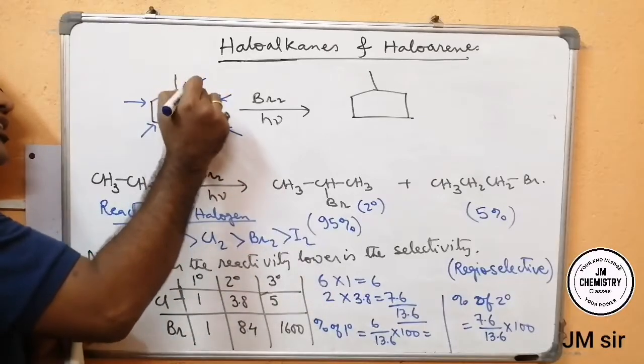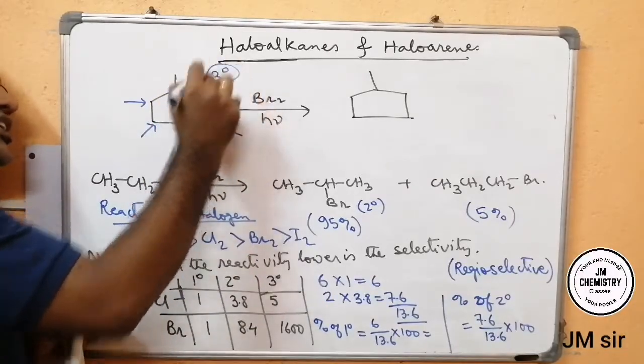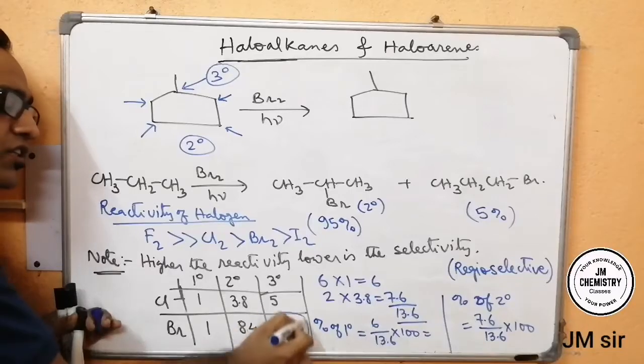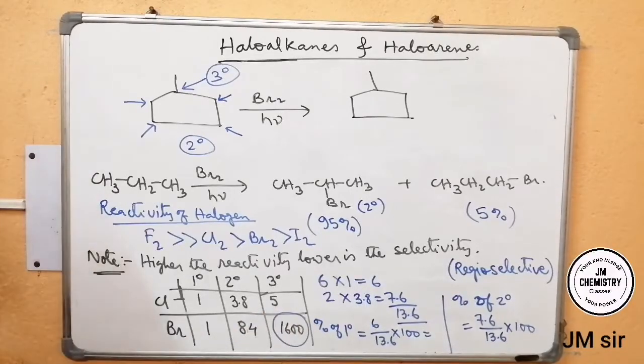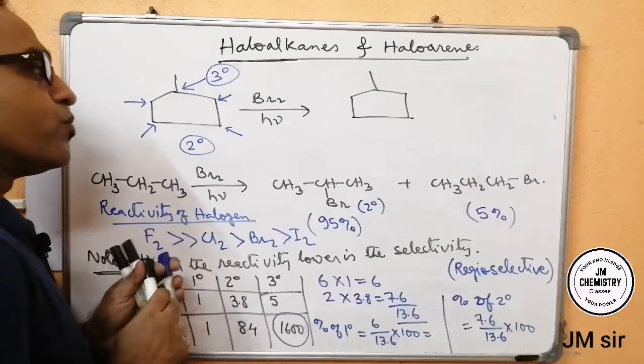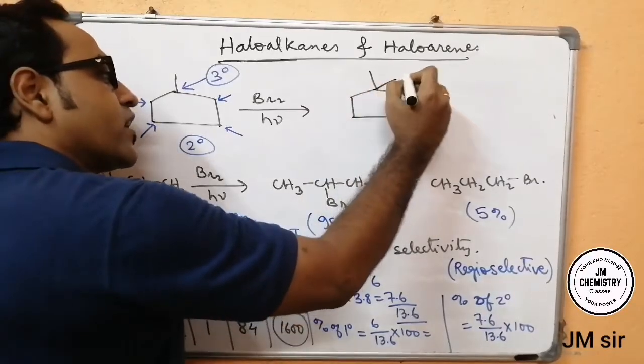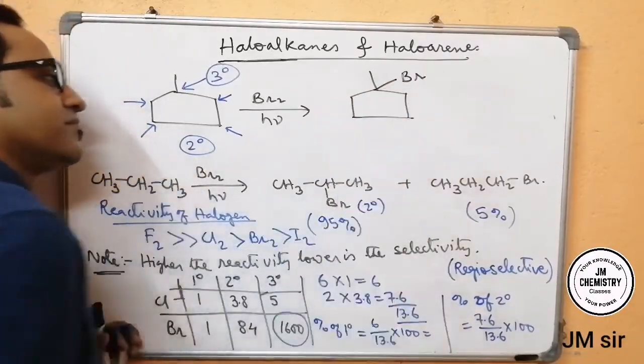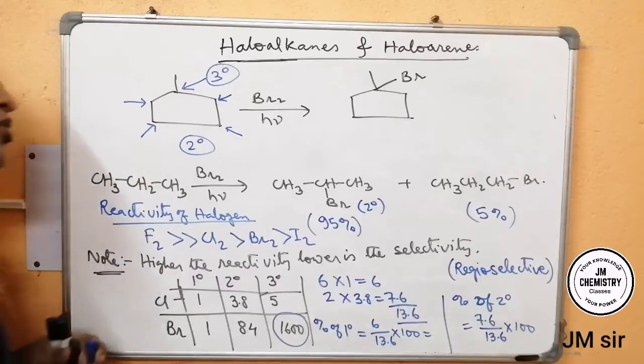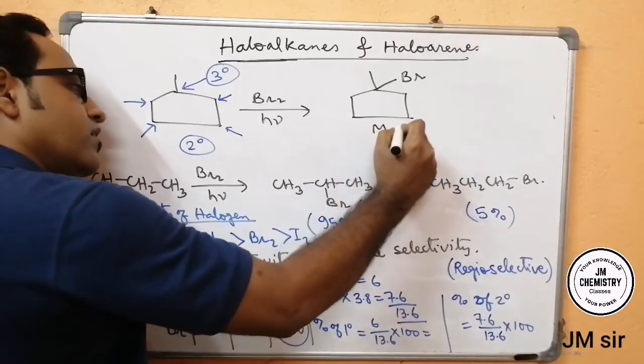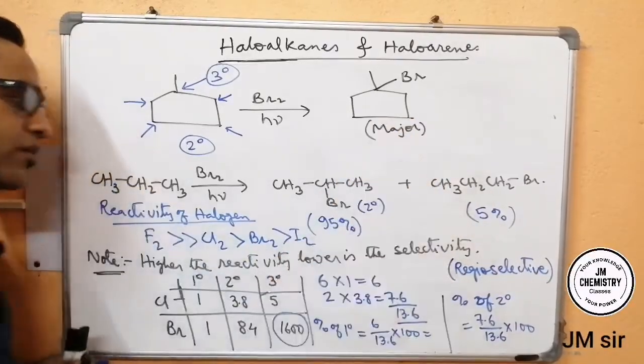If the bromine comes at this position, it will produce 3 degree product. And the selectivity for 3 degree is 1600. So almost 99% product will be this. So this is your major product. Okay.